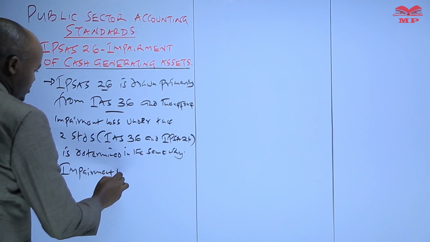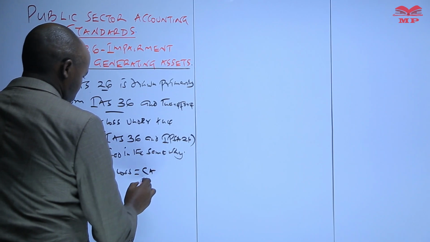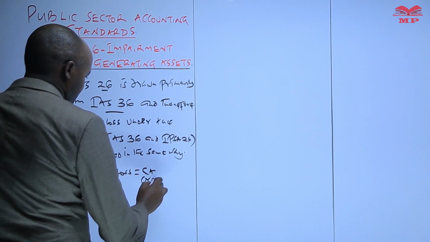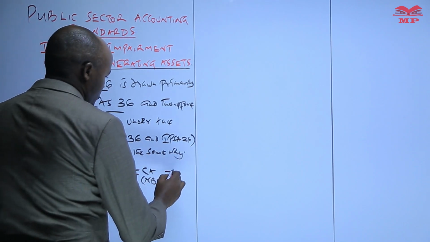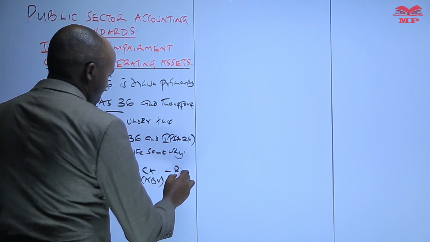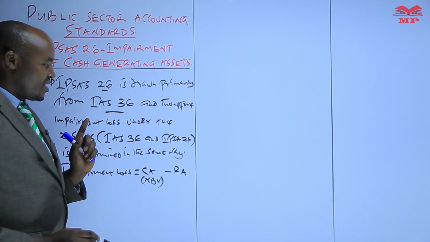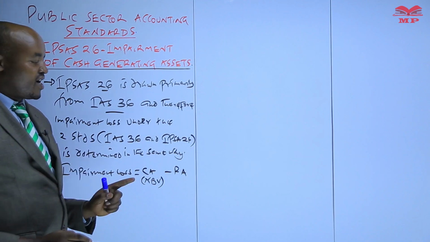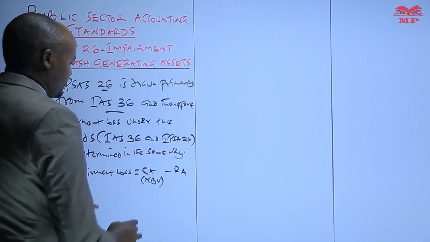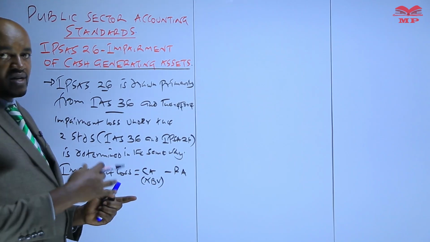The impairment loss in this case is always equal to the carrying amount of an asset, or basically the cash generating asset, less the recoverable amount. So we don't use the words recoverable service amount as we did under IPSAS 21, but here we talk of recoverable amount. The carrying amount or the net book value is determined in the same way.